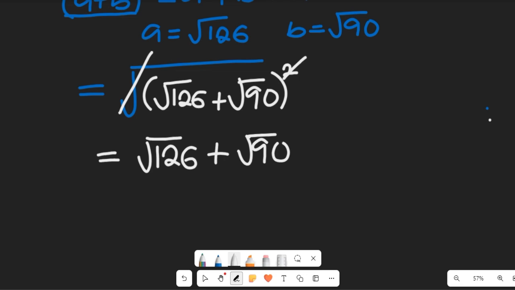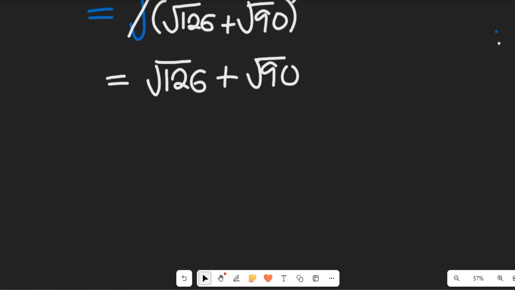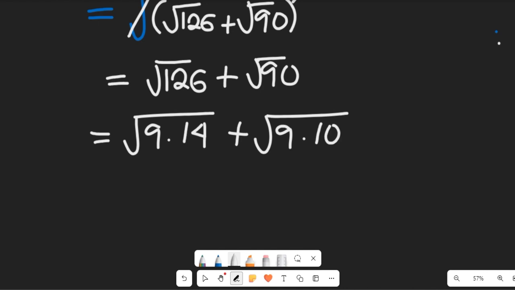right? And so I can expand to find out the perfect square of 126. A perfect square of 126 can give me the square root of 9 multiplied by 14, right, plus the perfect square root of 90 is going to give me 9 multiplied by 10, right?